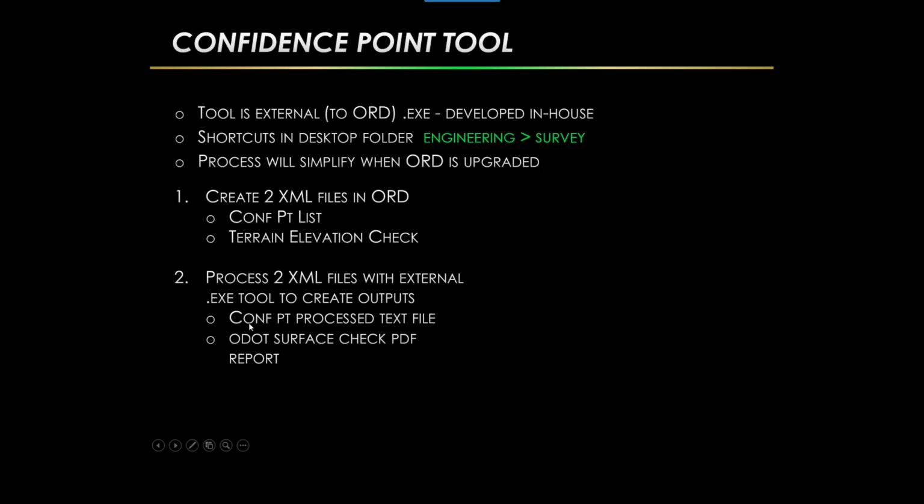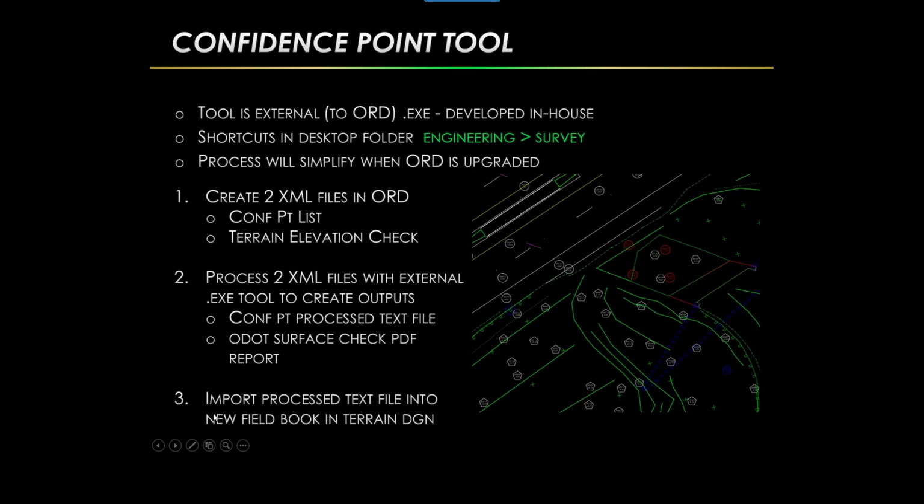The output files are a confidence point processed text file and an ODOT surface check PDF report. And then the final step is we will take the confidence point processed file and import it into a new field book in your terrain.dgn. And that will generate all the processed graphics like we've used in the past in En-ROADS.